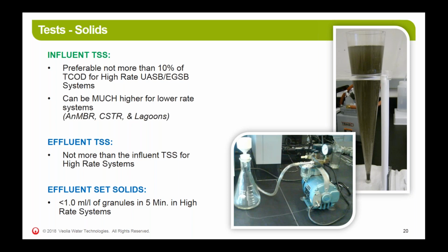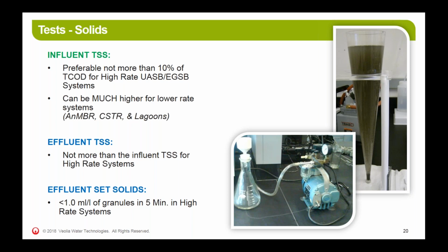And that's because you don't want the influent solids to be greater than the potential sludge growth in the reactor. If the influent solids are greater than the potential sludge growth, eventually the solids in your reactor would be all of these influent solids, and you wouldn't have any biomass in there. Wouldn't work very well then.